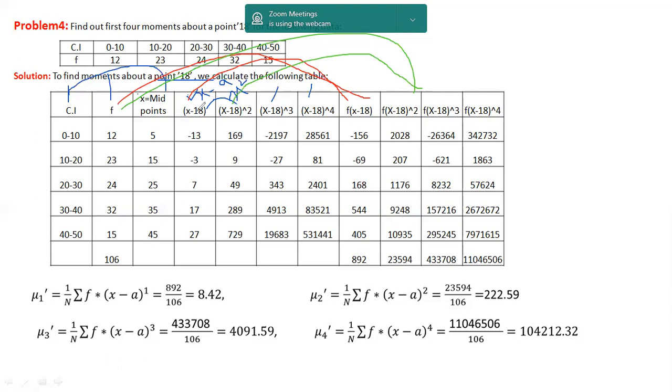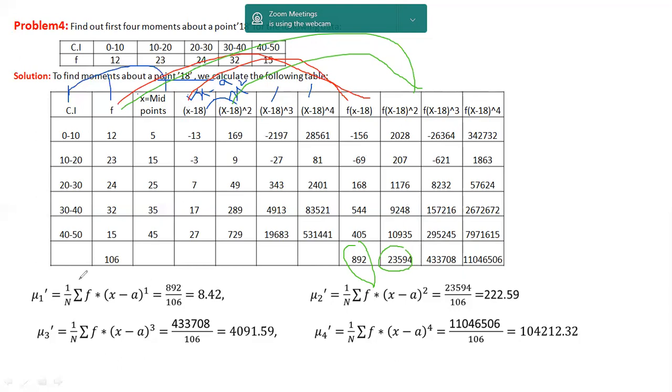Like that we do the remaining ones also: f into x minus 18 whole cube, f into x minus 18 whole power of 4. We get all the columns and take the sum of each column. The first column sum is 892, and the second column sum is 28594. Similarly, the third column and the fourth column.